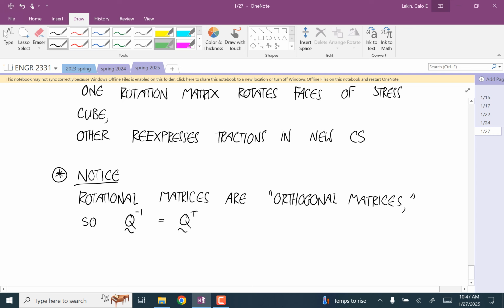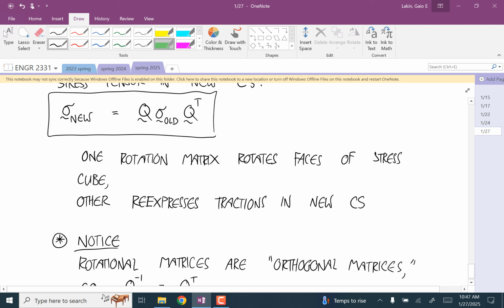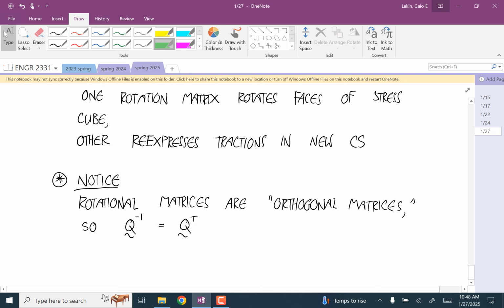That's not generally true, but it's true for orthogonal matrices. So we calculate it like this because transpose is a simple function, but remember that the way it works is really like an inverse matrix. You don't really have to remember that. I just think it's mathematically kind of interesting.